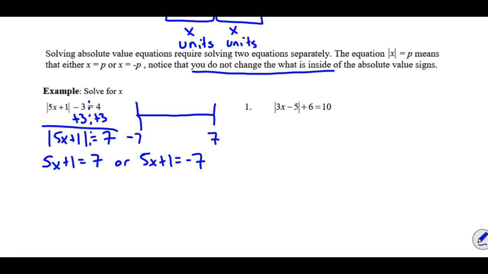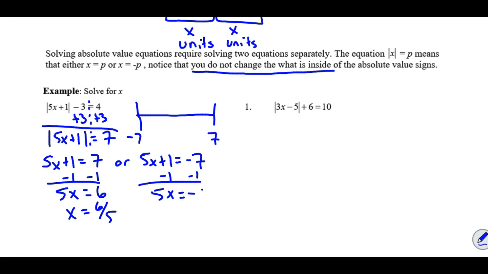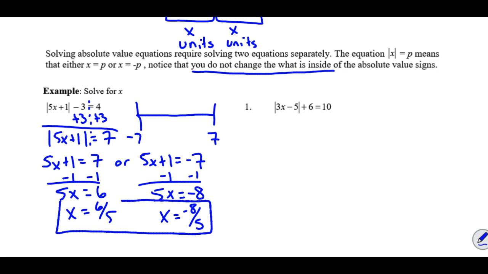So we have two actual equations here we can solve. You just go through that like you would any other equation, and you just do it twice. And there's our two possible solutions.